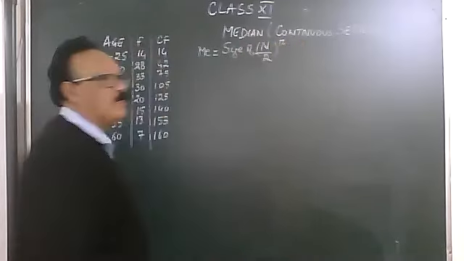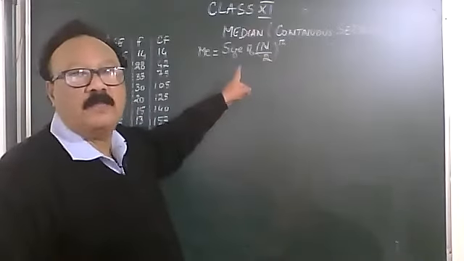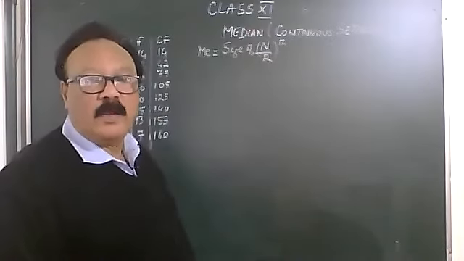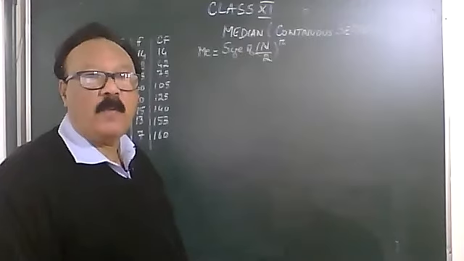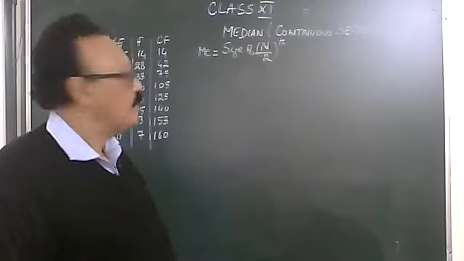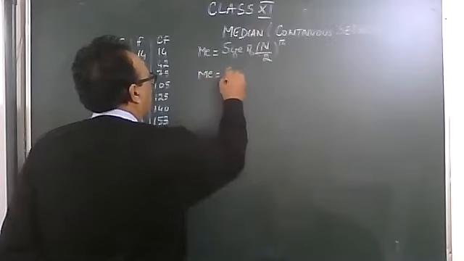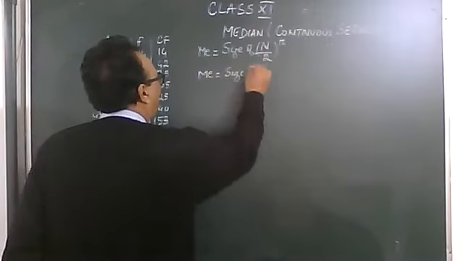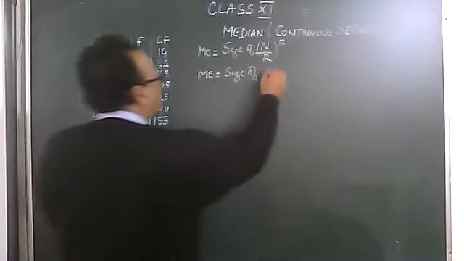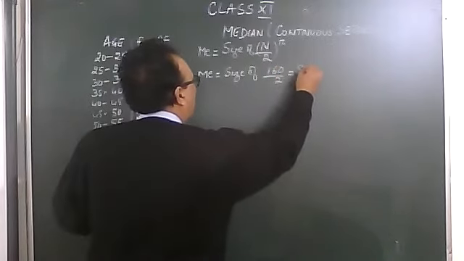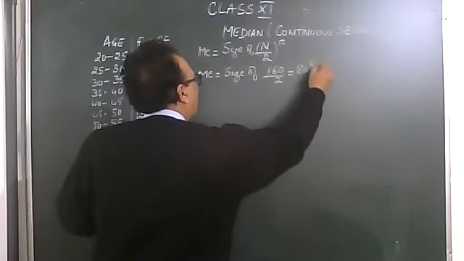In a continuous series, the formula becomes n by 2 item, not n plus 1 upon 2. That is the biggest difference. So here, median is equal to the size of n's value is 160. 160 upon 2 is equal to the 80th item.